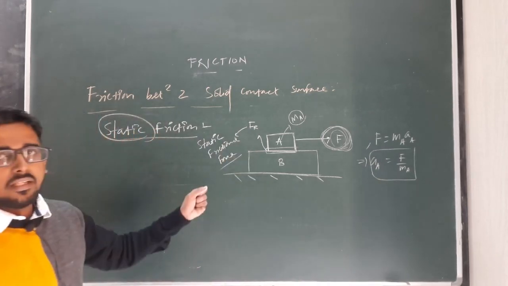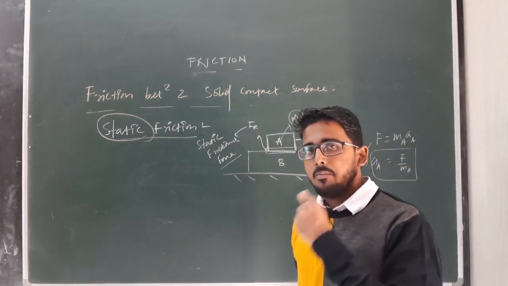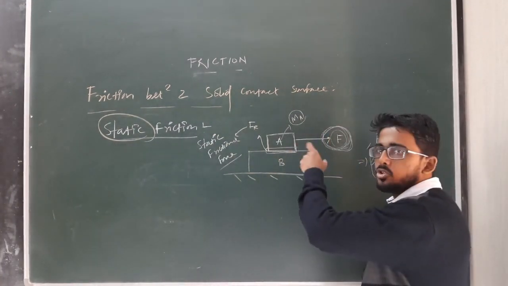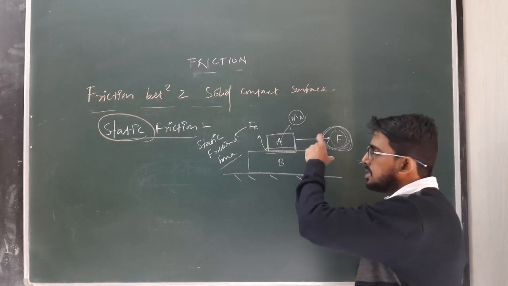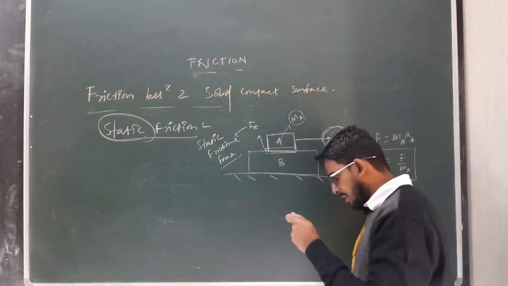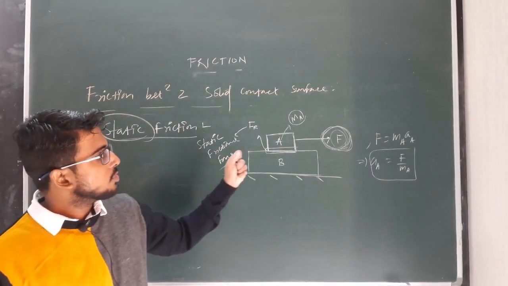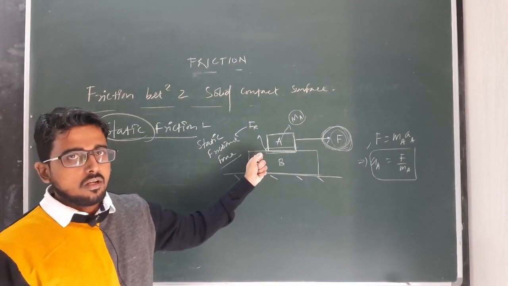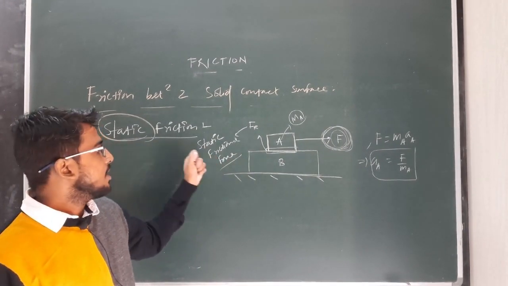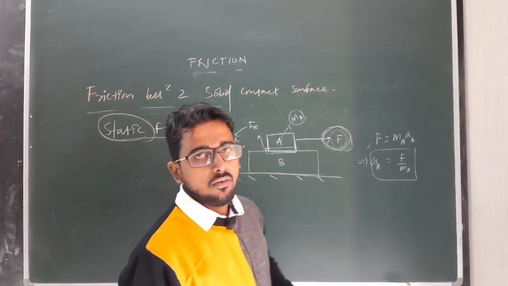Okay, so when there is an external force applied on a body but still no motion is observed, the system is at rest or in static position, then in that case the force of friction which opposes the relative motion is known as static frictional force, or the friction is known as static friction.